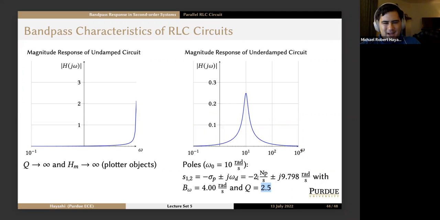So this one has sigma p equal to 2 nepers per second. Omega d, the damped radial frequency, I should say, is 9.798 radians per second. And then the bandwidth is 4 radians per second. So it definitely fits here.